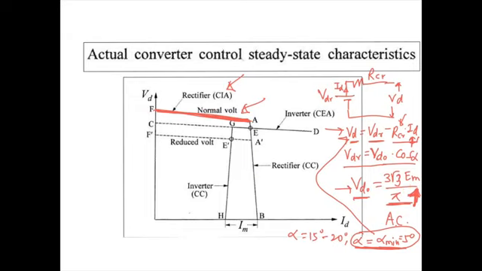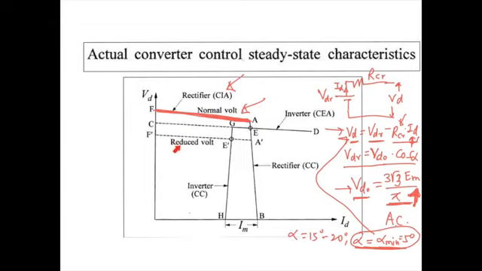Now under this condition, this characteristic F dash A dash will not intersect this characteristic CD, because it is necessary that the rectifier characteristic should intersect the inverter characteristic so that the operating point can be located.